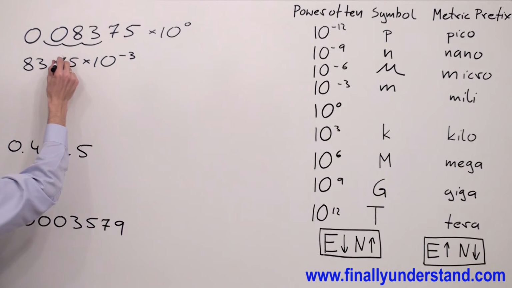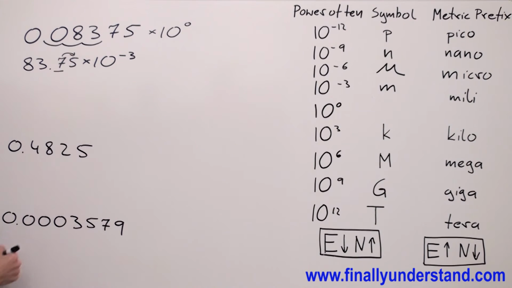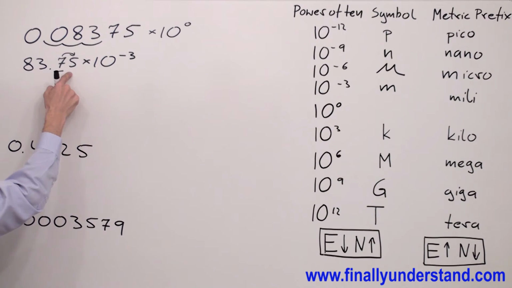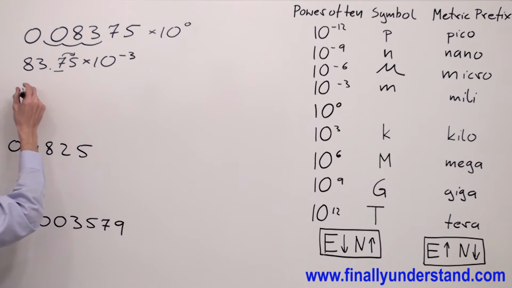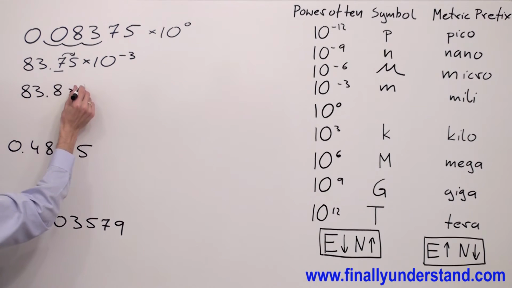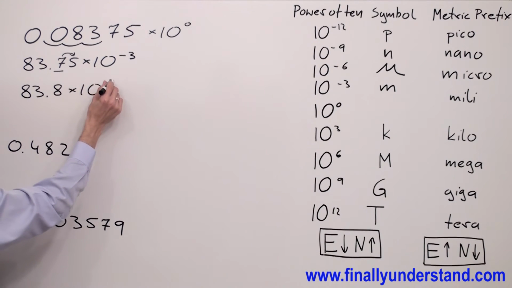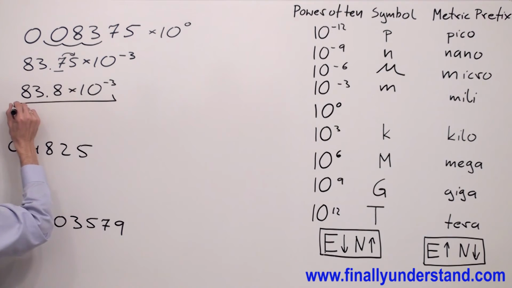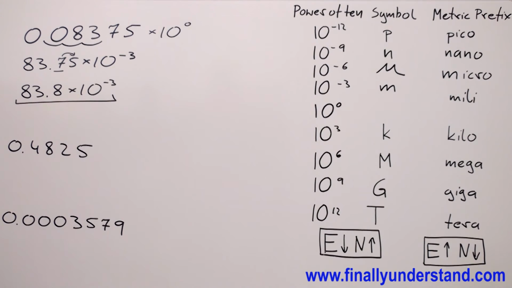You have to check what number is behind your third significant digit. Is 5. Anytime you have 5 behind the rounding position or number greater than 5, you're supposed to add 1 to the rounding position. So that's why my number is going to look like this: 83.8 times 10 to negative 3. And this is the solution to the problem.